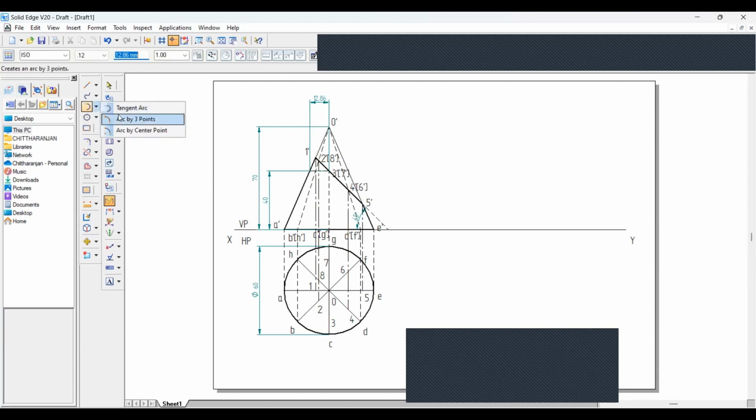Cut the line 12.86 here to here, and again 12.86.